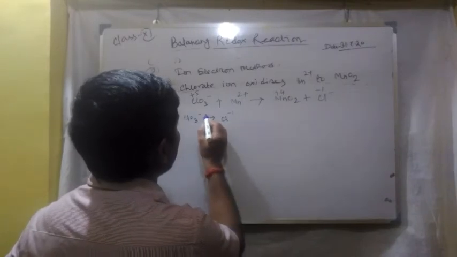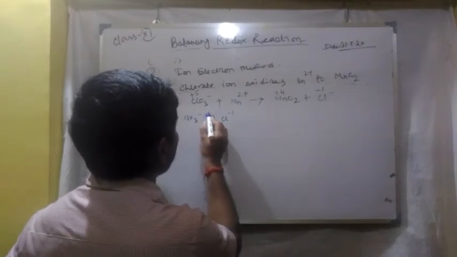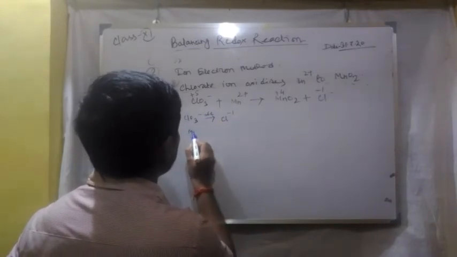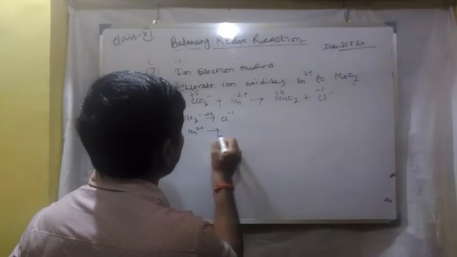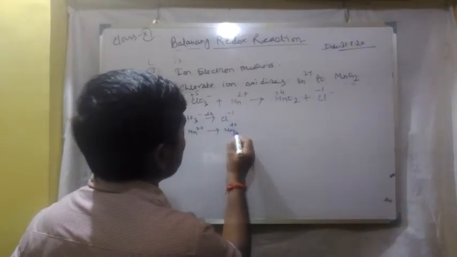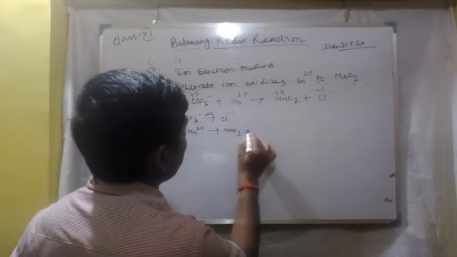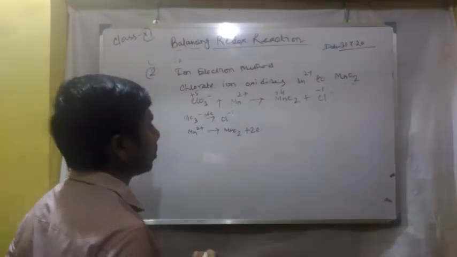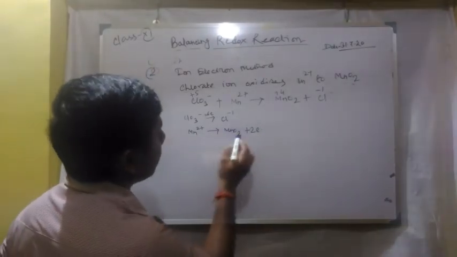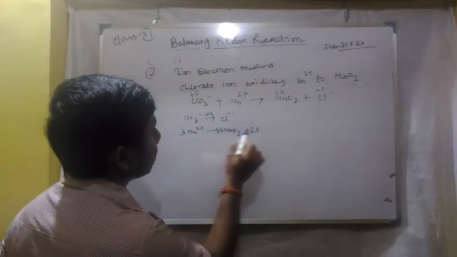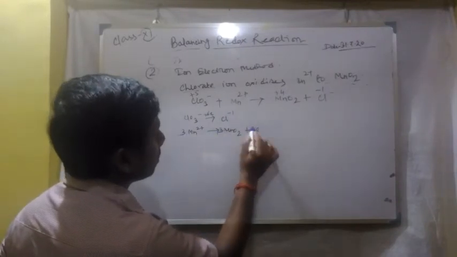So here the electrons taken up are 6e, and Mn2+ to Mn4+, that is MnO2 plus 2e. Okay, so we can equate the number by using 3, that is 6e.